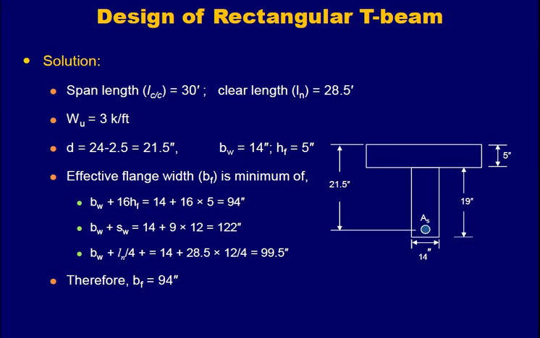Starting with the solution, span length is 30 feet, clear length is 28.5 feet, WU is given 3 kip per feet, D of the beam is 24, so minus 2.5 is 21.5 inches, BW is 14 inches, HF, which is slab thickness, is equal to 5 inches. Effective flange width can be calculated with the data given to us.